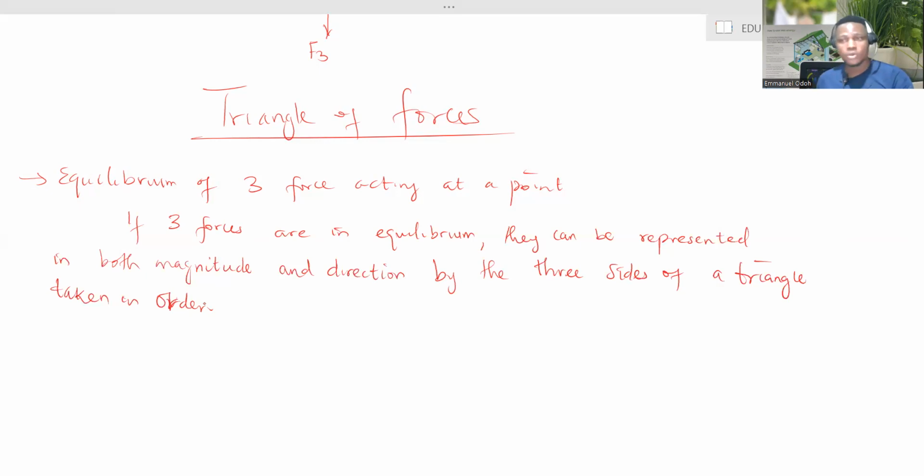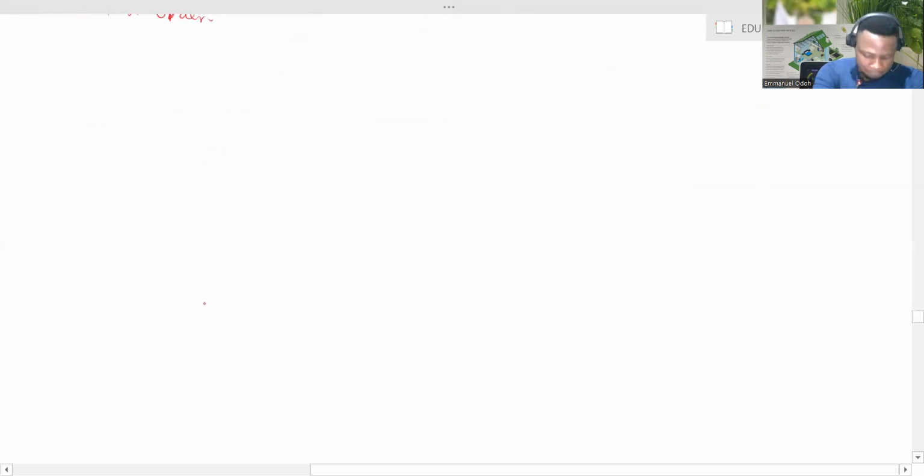It says that if we have three forces in equilibrium, we can represent them in magnitude and direction just using the three sides of a triangle, taken in order. I will explain what we mean by taking in order with what we have here.